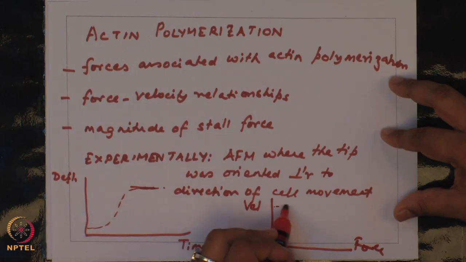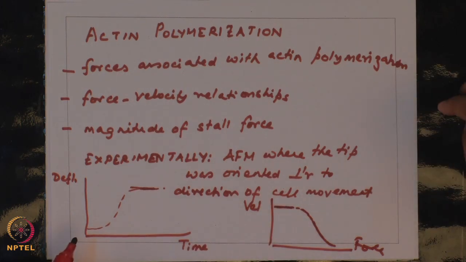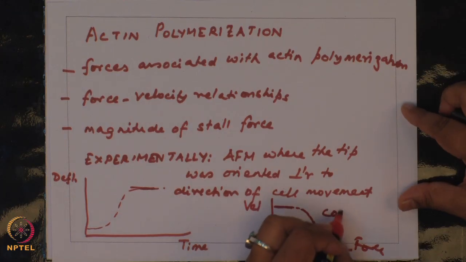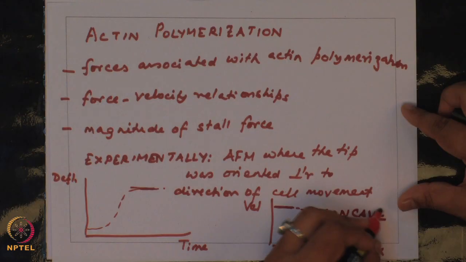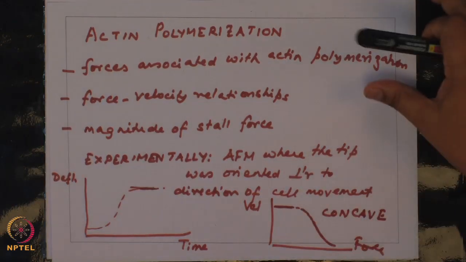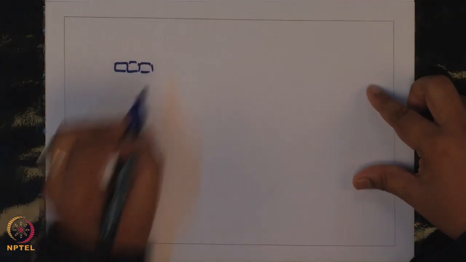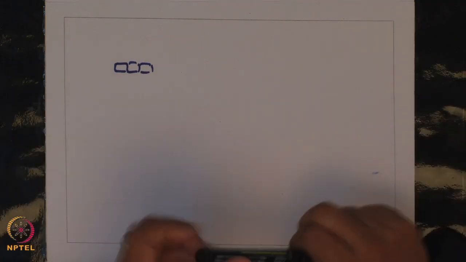With this, what the authors found was a force velocity curve which looked something like this. It is concave in nature, a concave force velocity curve. We wanted to ask: can we develop a modeling formalism for testing how various parameters contribute to dictating the nature of force velocity relationships? In that regard I had introduced a simple model with individual monomers, which is constrained.